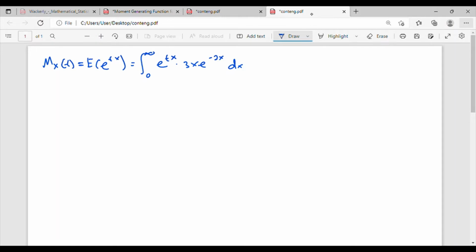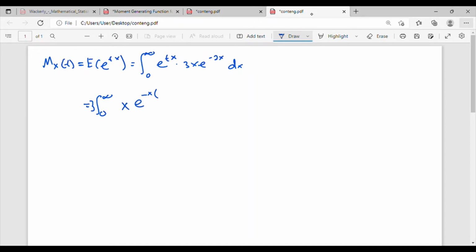So multiply the function first. Because of the 3 here, I put it in front because 3 is a constant. Then multiply the exponent function, x e power of negative 2x. Take out x because it is an exponent, and then we integrate. The interval is up to infinity, later we replace x with infinity.